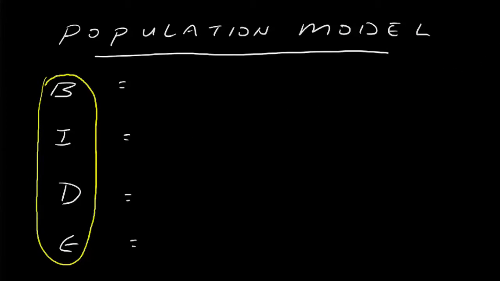And those factors are typically referred to as the BIDE factors. You might have heard these before, but the BIDE factors are really key to plotting how a population changes. What are they? Well, B represents, of course, the number of births. So those individuals that are born into a population will affect its number, right?